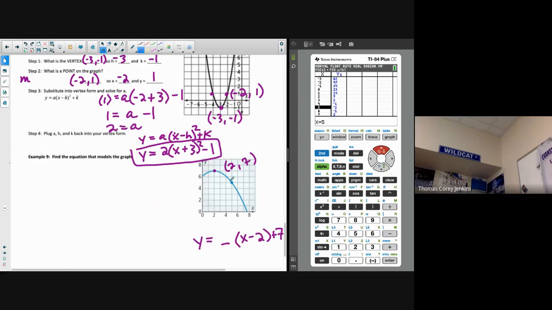Okay, they point out that another point that we could use is 5, 5. All right, so then this last part, this is the hardest part, is just finding that a value.